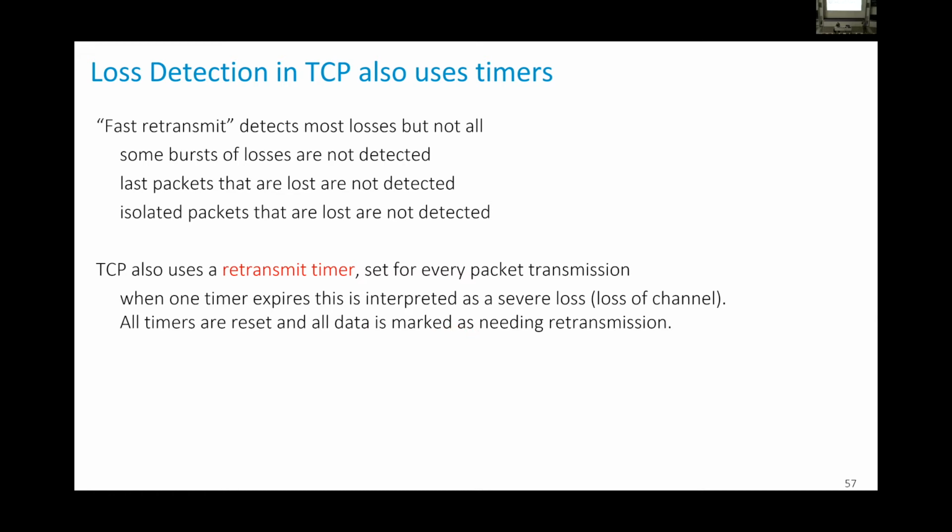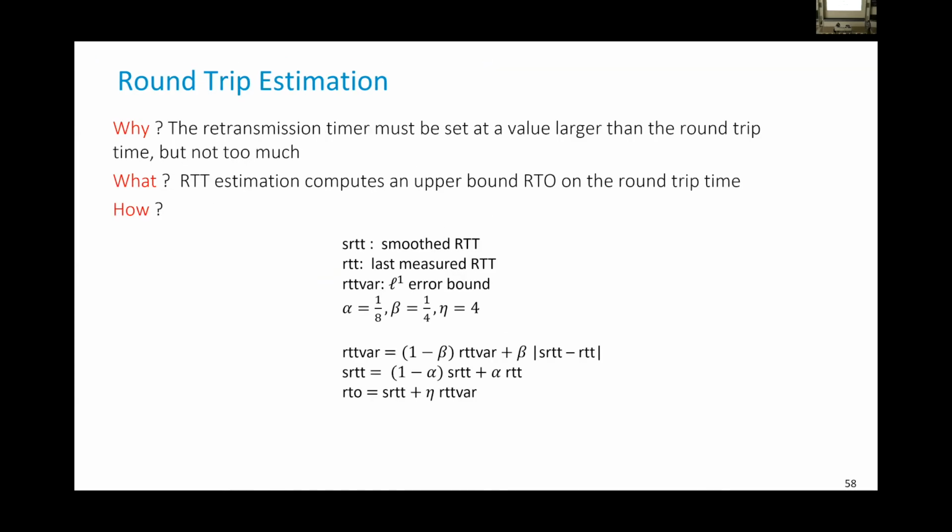So all the timers that are following the data, in particular, are reset, which will avoid that if you lose block 2, for example, then perhaps 1 microsecond later, block 3 timer will expire, block 4, etc. So you will create a burst of retransmissions. In that case, you will not do that. You will retransmit only the first block that has expired. For the others, you have reset the timers, so they will expire much later.